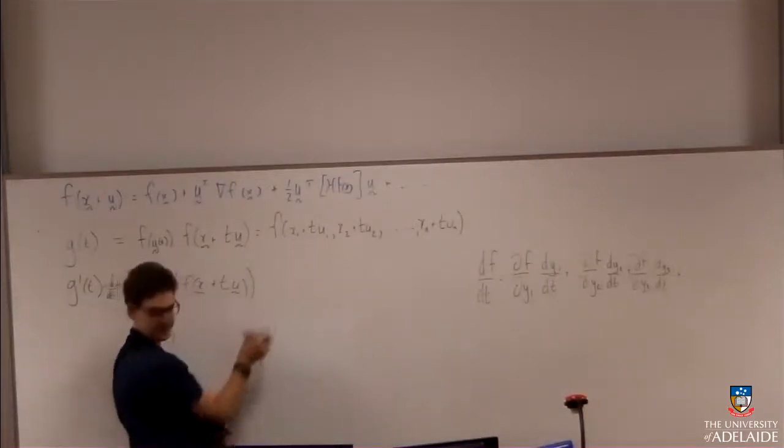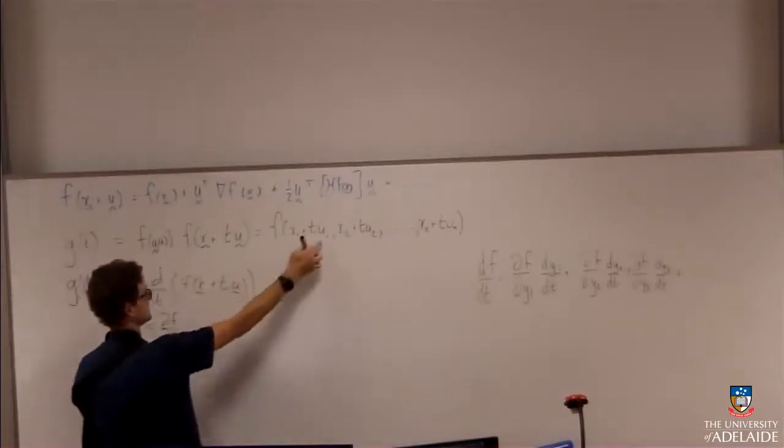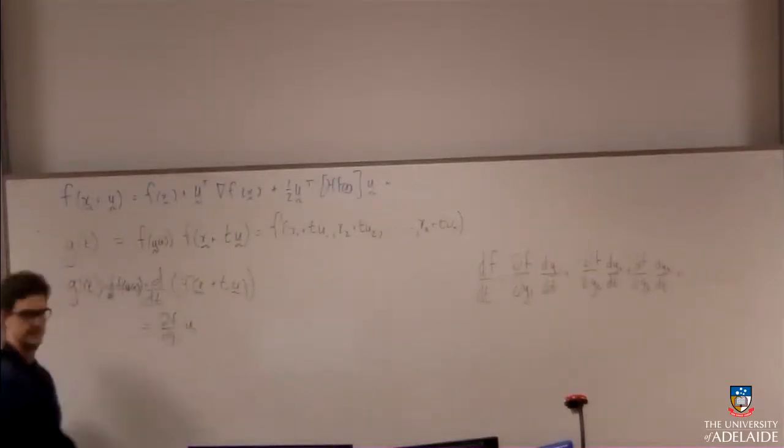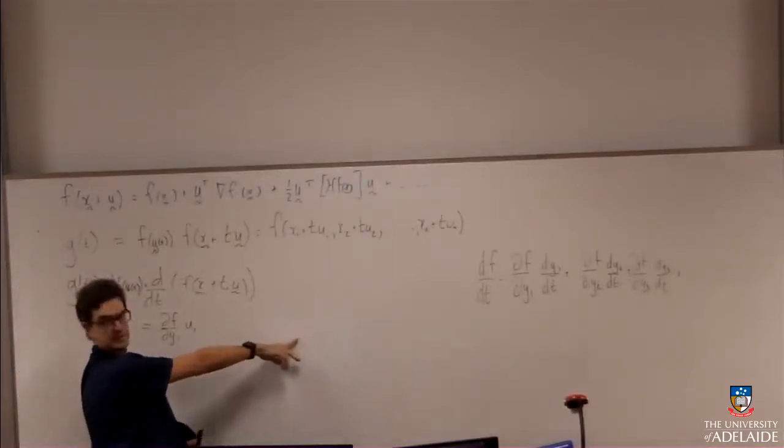So if I differentiate this with respect to t, I'm just going to get a u1. You could write this like that, and then I could keep summing along here.